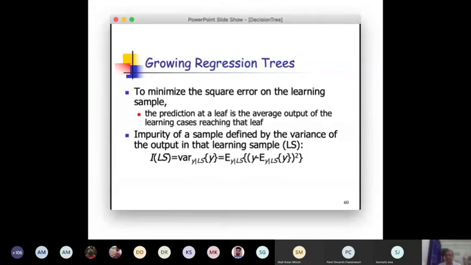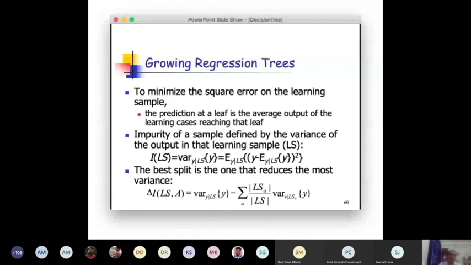So once again, it's the same principle. What was the variance of target values in the original set, and what is the weighted average of the variances in the partitioned set? So what is the gain in this variance? And you choose the attribute which has the maximum gain. That is exactly the strategy used.